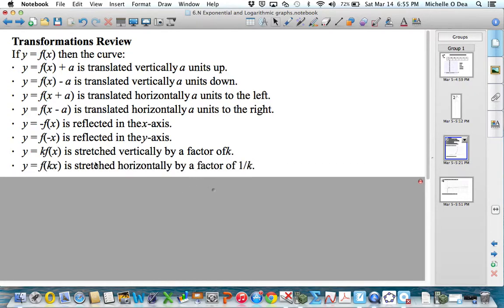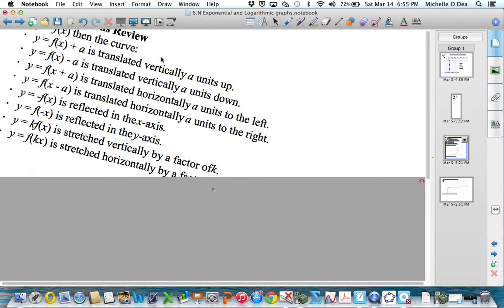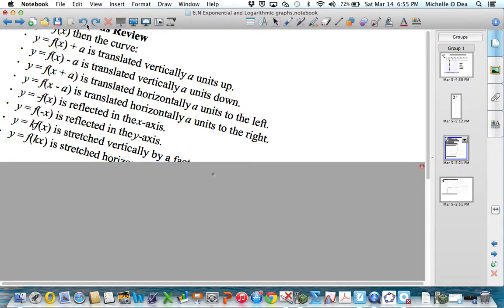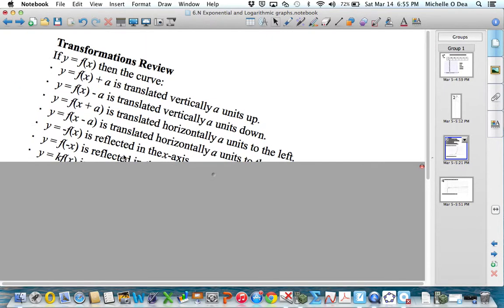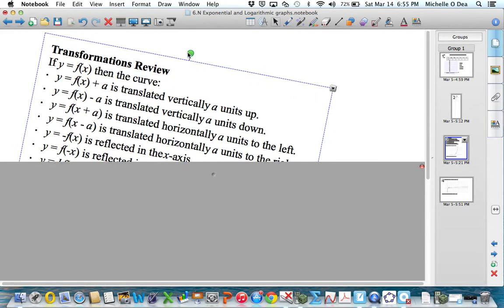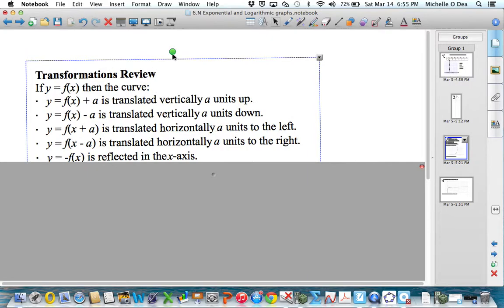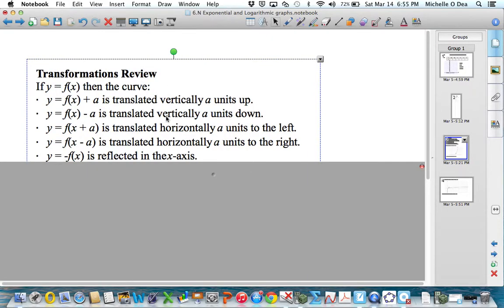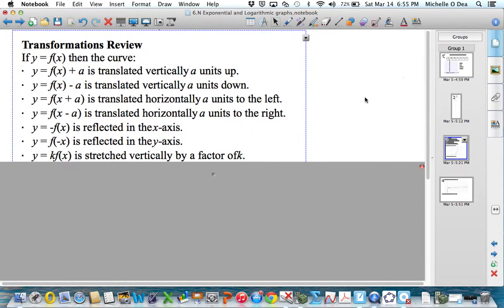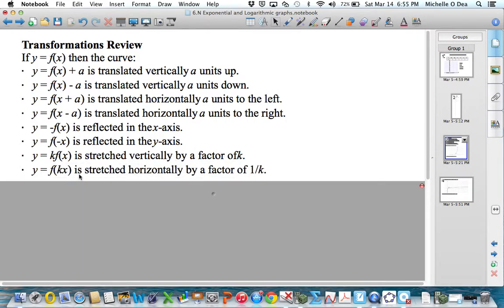As opposed to if that constant is inside the bracket with the x, it gets stretched horizontally by a factor of 1 over k. So if this was a 2 here, then it would stretch horizontally by a factor of a half.